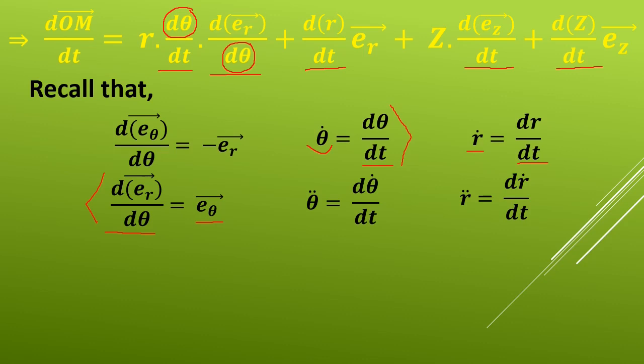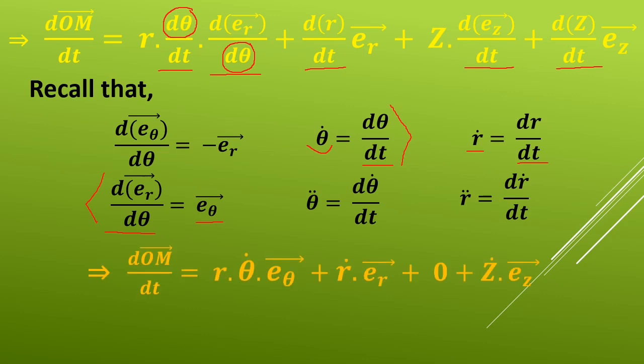So essentially, you are going to obtain the derivative of OM vector with respect to time to be equal to r theta dot. Remember that your d theta dt equals theta dot, and your de_r d theta equals e_theta.